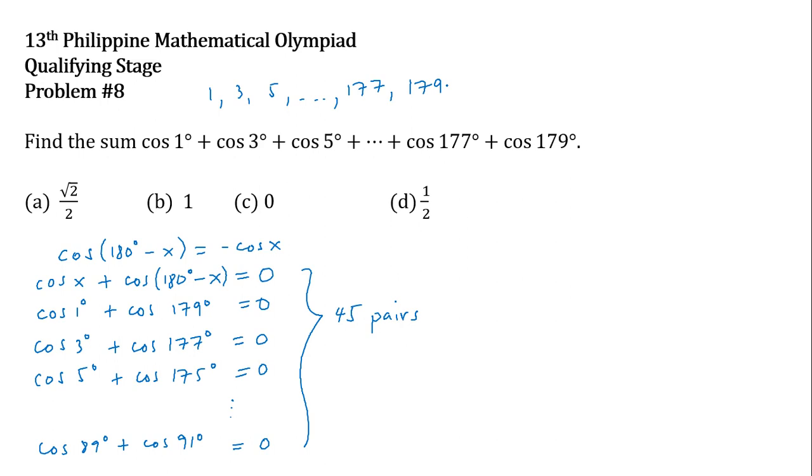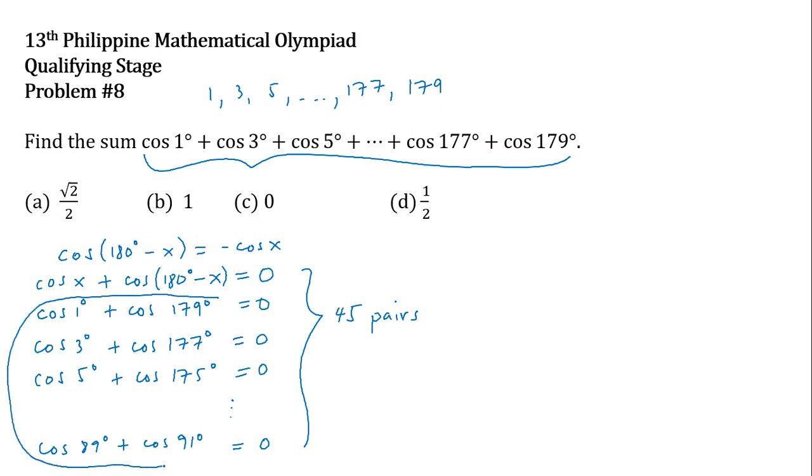So you can easily find the number of terms here. If you determine the number of terms, that's exactly 90. Meaning to say, there are exactly 90 terms in this series, which means also that there are 45 pairs of supplementary angles.